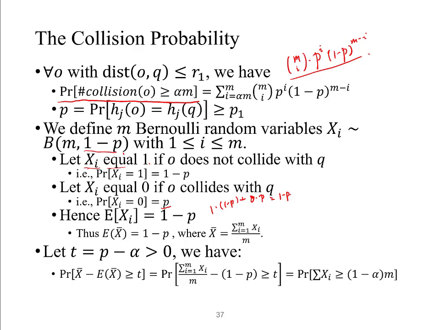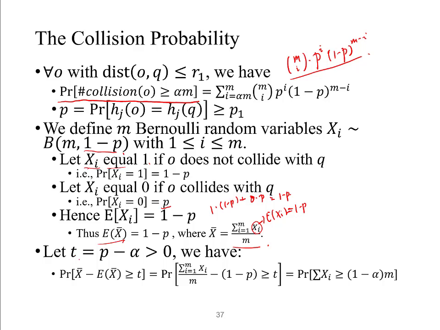Therefore, the expectation of the mean of X is also 1 minus p. It is straightforward, because the mean of X is the average of the X_i, and for each of them the expectation is 1 minus p.